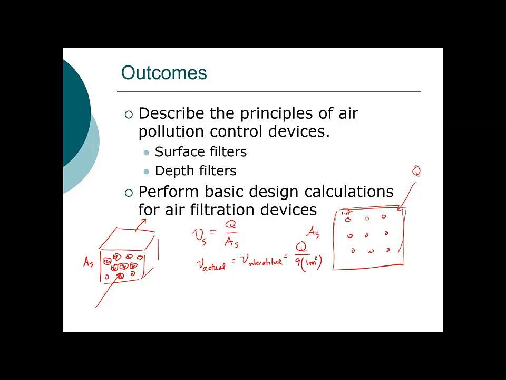They can only flow through the void space. So the actual velocity is going to be much greater. In the case of groundwater, we talk about it as a Darcy velocity. In the case of these systems, we talk about it in terms of an approach velocity. Thank you for asking.